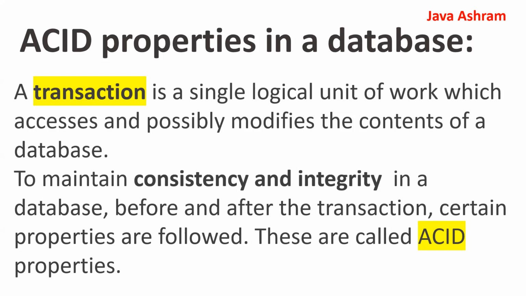A transaction is a single logical unit of work which accesses and, most of the time, modifies the content of a database. In order to maintain the consistency and integrity in a database, before and after the transaction that you have done, certain properties are followed, by which you will maintain the consistency and integrity. And those properties are called the ACID properties.